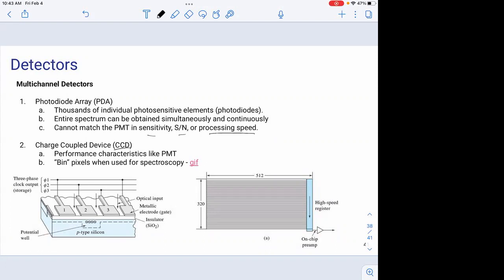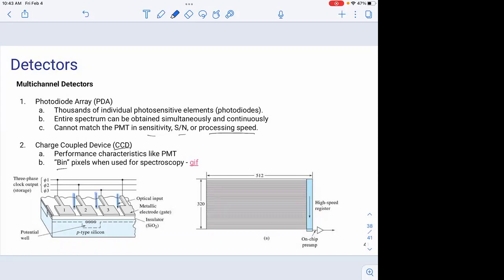So a charge coupled device is probably the more common multi-channel detector that you'll run into, because it has the performance characteristics of a PMT, but allows for a larger range of wavelengths to be measured at once, which is exciting. The idea is that you bin pixels when you use this for spectrometry. So you have an optical input, your incident photon, which is these arrows here.